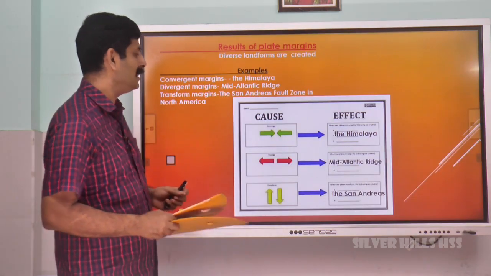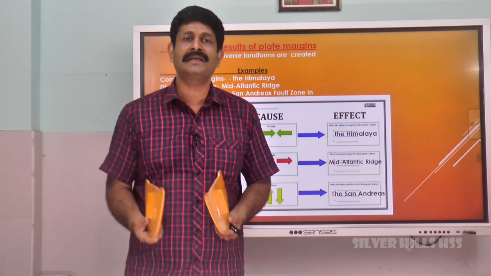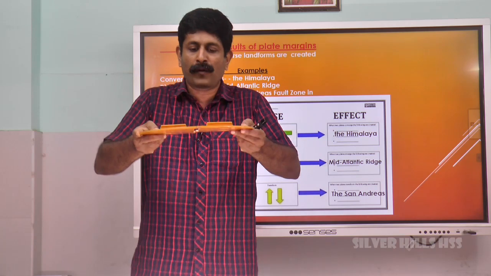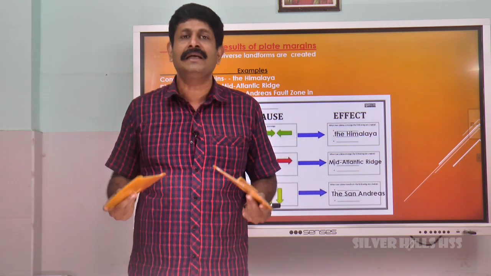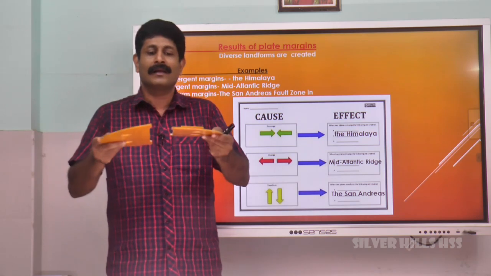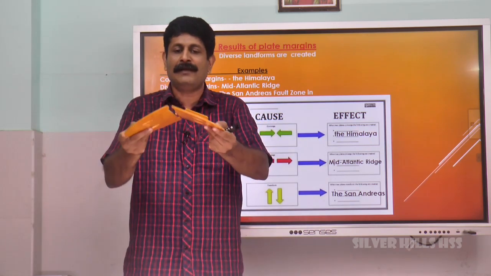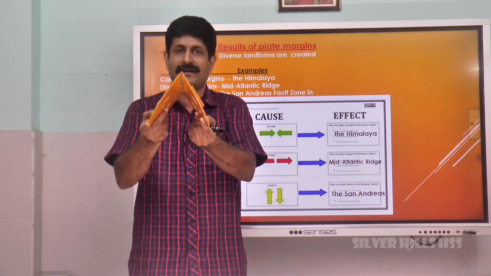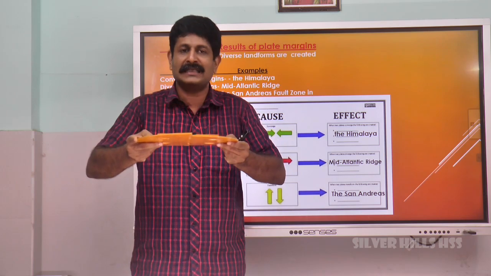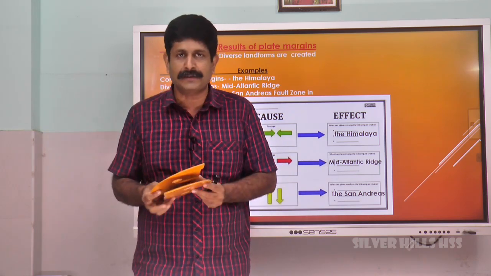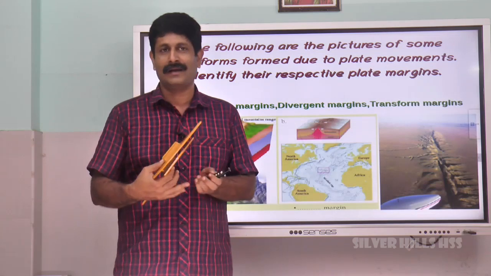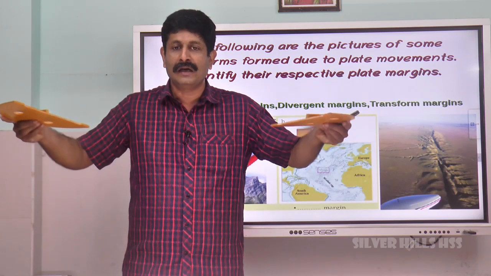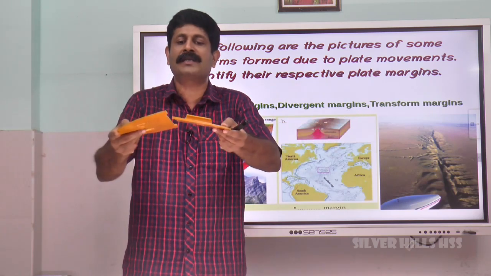Now here we can see the important formations caused by these movements. If plates are moving apart, divergent, it will create seafloor spreading. If they are coming towards each other, it will create fold mountains. If they are sliding past each other, it will create volcanic eruptions and other events. The Himalayas are an excellent example of a converging plate margin.